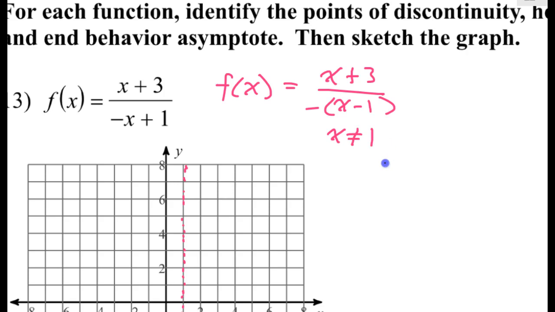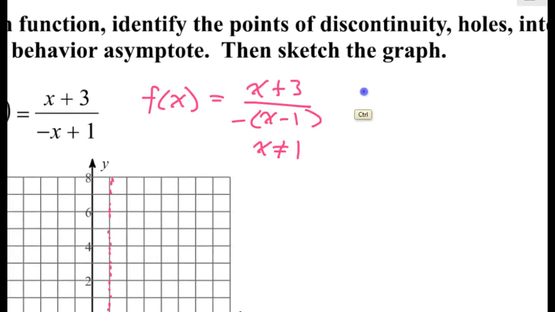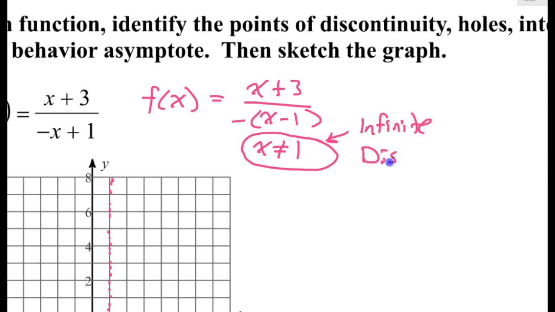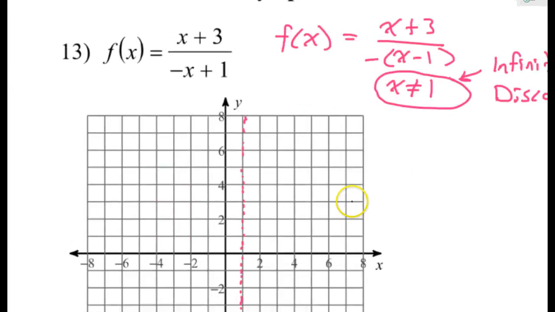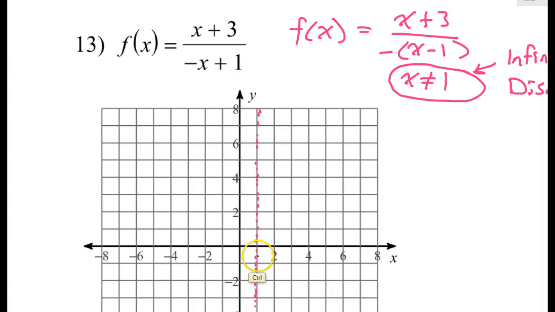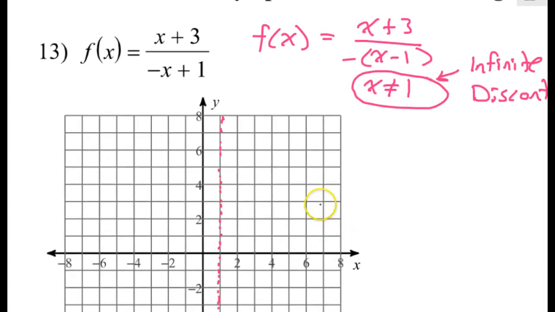So that means, maybe I'll write this off to the side, this is an infinite discontinuity. That's what you call it when you have an asymptote breaking up the graph like this.